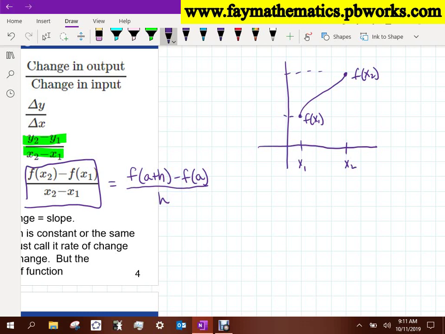That's what this formula right here is saying. Well, this is just a redefinition of variables. Instead of calling this x1, this difference quotient calls this a. And instead of calling this anything specific, they say that that distance right there is h.